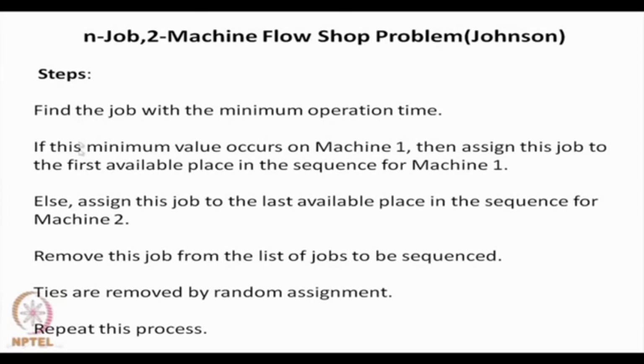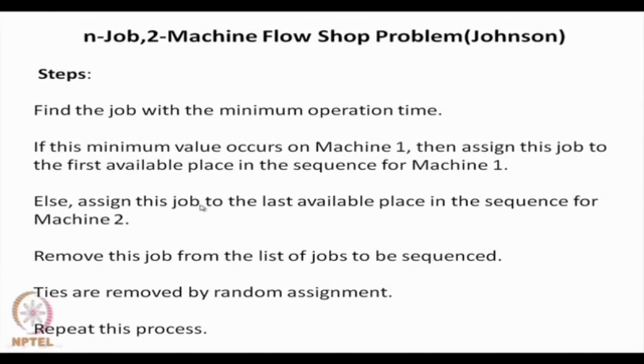Johnson has suggested a method of solving this problem. Find the job with the minimum operation time. If this minimum value occurs on machine 1, then assign this job to the first available place in the sequence for machine 1.